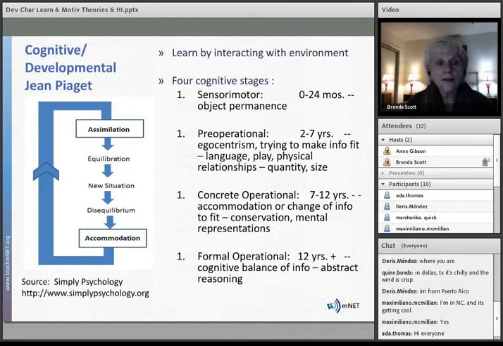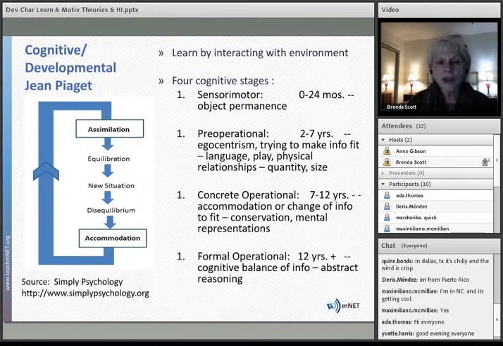Look at the fourth stage. Now I just realized they're all numbered as number 1. That's really good. Okay. Look at the fourth stage, formal operational, 12 years plus. This is where students really get into the ability to do abstract reasoning, to really, really think abstractly.